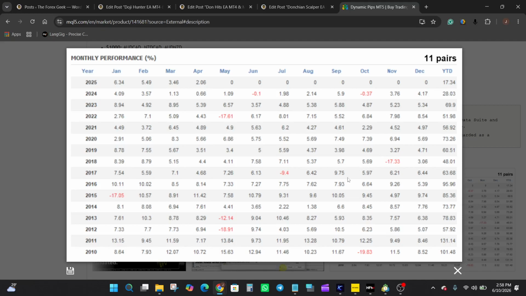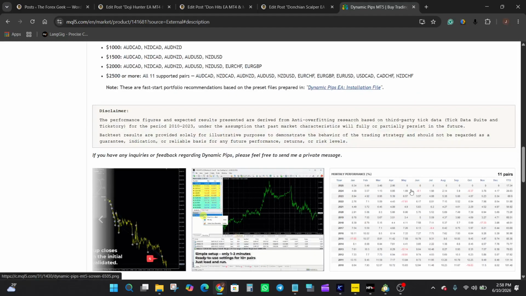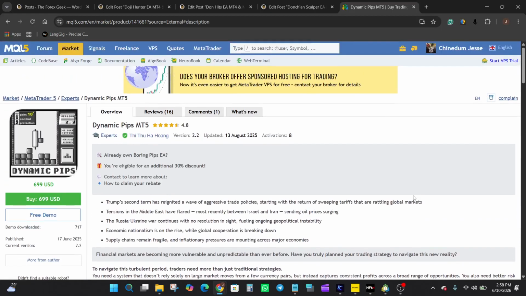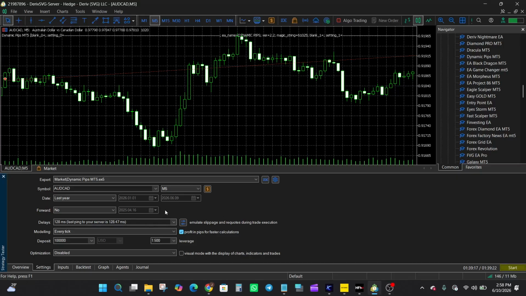Okay, so the EA seems to be recording significant profits per year from 2010 up until 2025 across 11 pairs. All right. So now let's just quickly head over to our strategy tester to see how this EA performed in 2026, from the beginning of 2026 till date, covering about 5 months and a week.